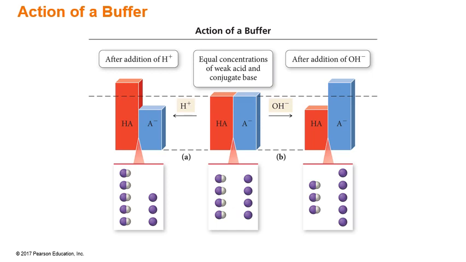If we add acid, it's going to react with the conjugate base, and we'll end up with more HA after the reaction. If we add base, it's going to react with the acid, the HA, and we'll end up with more A- after the reaction. Those new values are what we use in our Henderson-Hasselbalch equation.